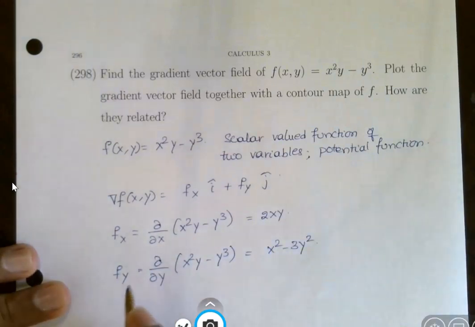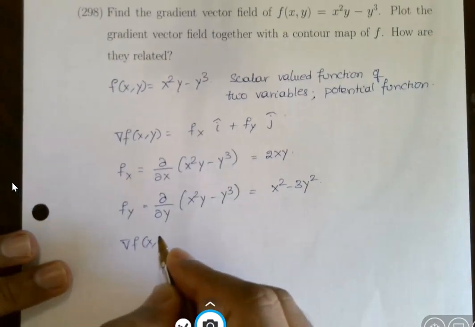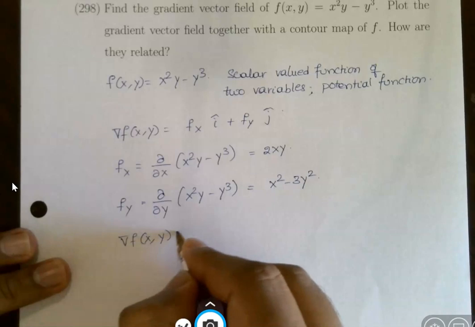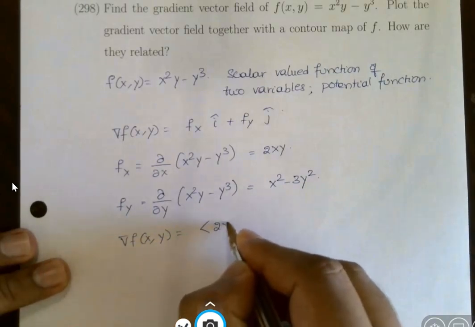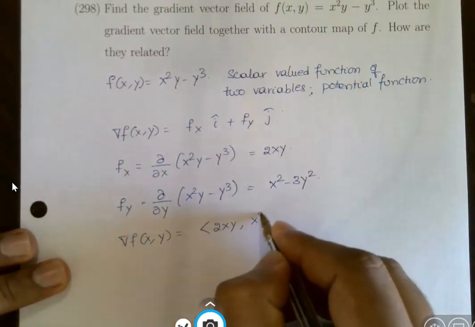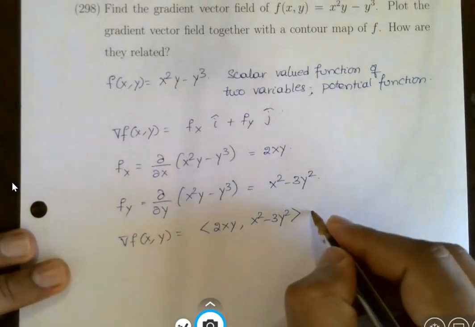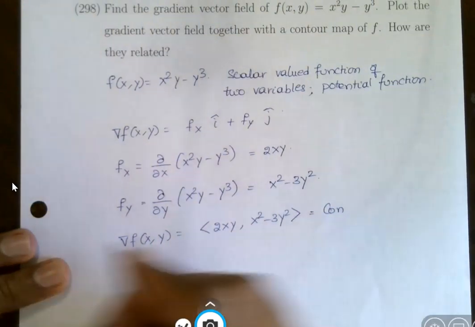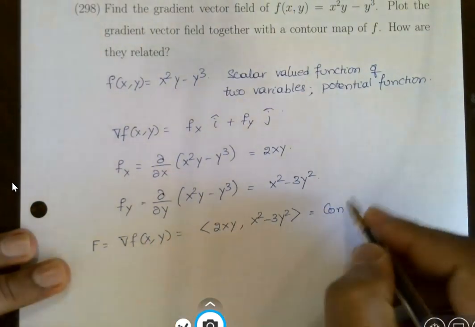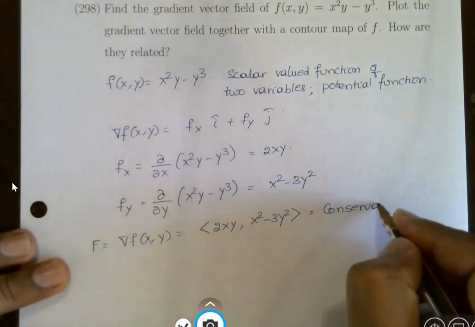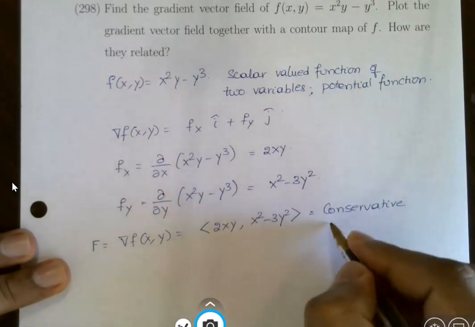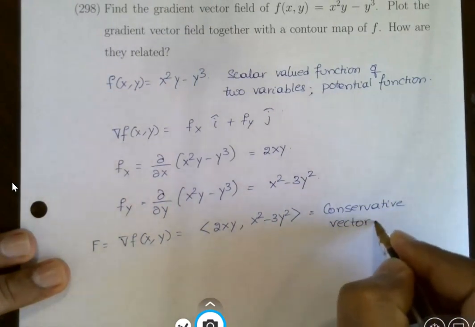So the gradient of the function is 2xy and x squared minus 3y squared. This is called a conservative vector field, represented by F, and that's how you find it.